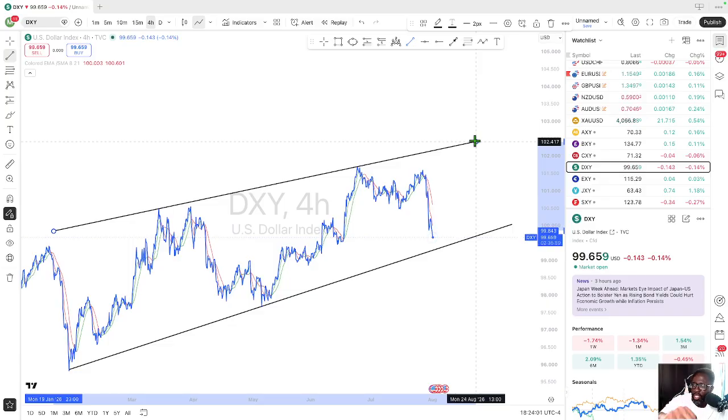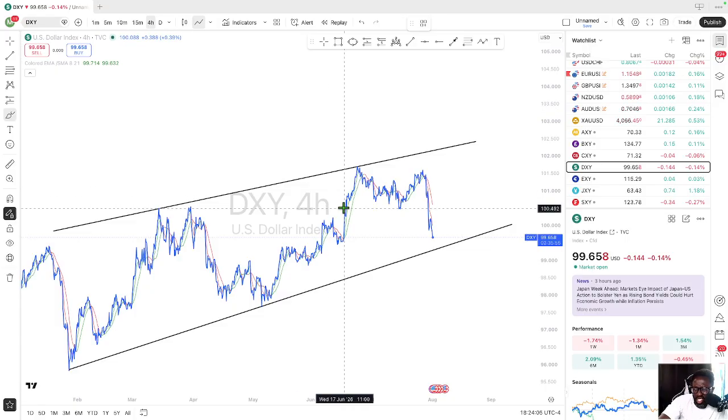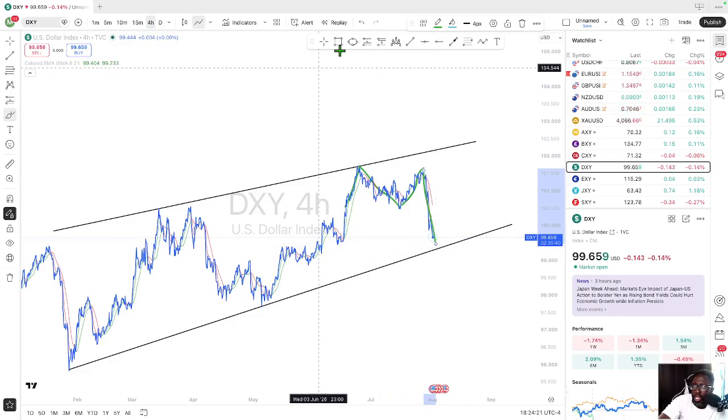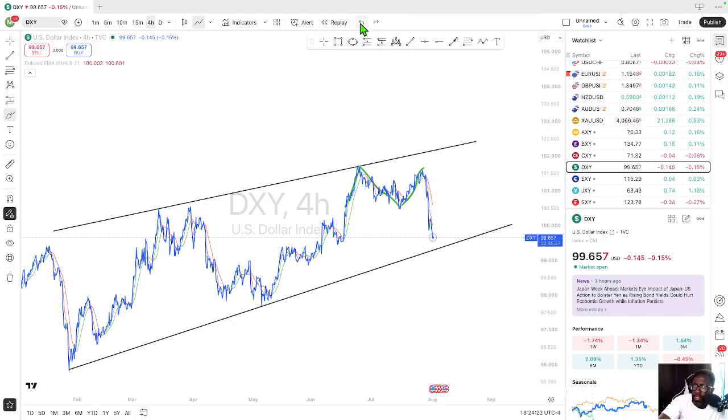Seems bullish, but then, is this a double top? What is really happening right here? Maybe it is. A double top usually has to come around the same area.